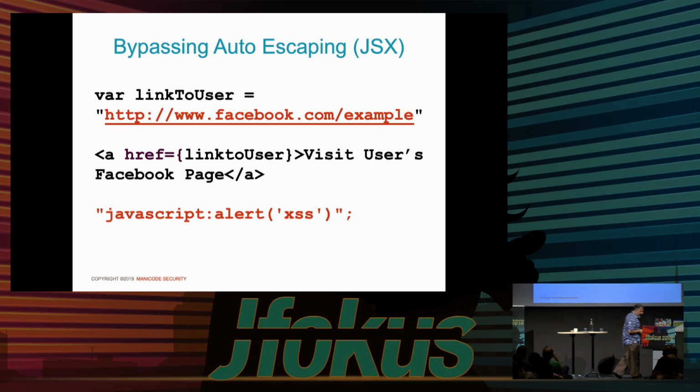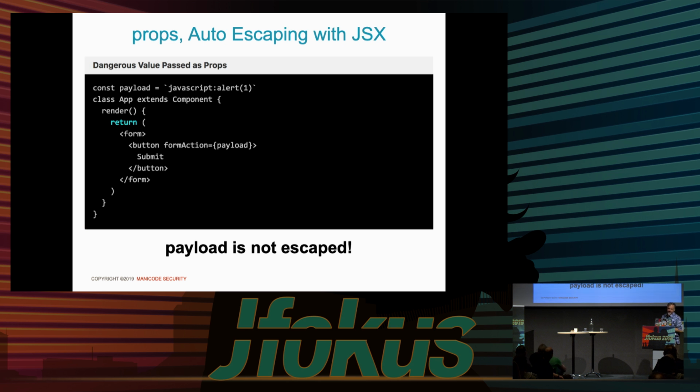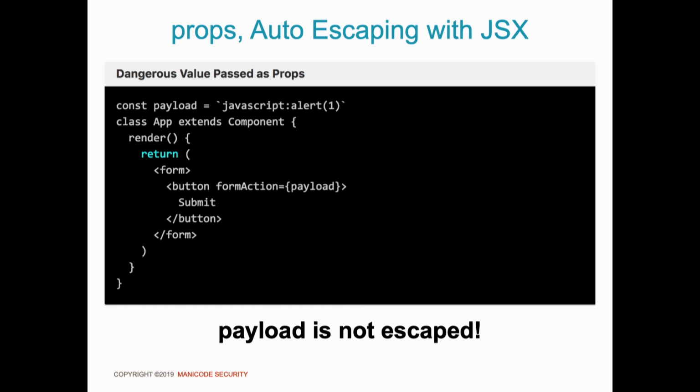Why this is so frequent is because developers assume that React will protect you. It does escape, but again, an escaped URL still leads to a vulnerability. Here's another place where this attack payload will launch. Here I have another JSX code. I have a button, form action, and my payload. That's untrusted data.